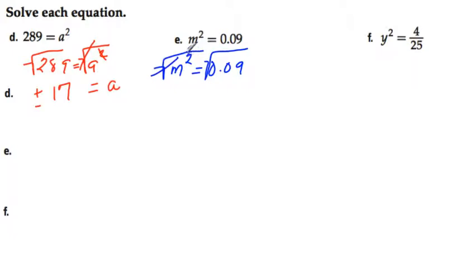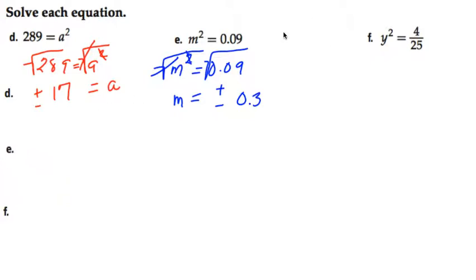Show me that these inverse operations cancel out, and we get m is equal to, and then write your plus or minus. Now what is the square root of 0.09? And that should give us 0.3. Okay, plus and minus 0.3. So let's take a look if we got that one correct. So 0.3 and negative 0.3.